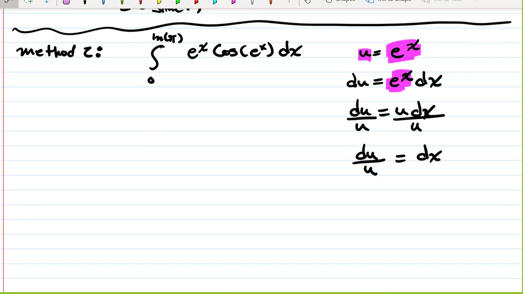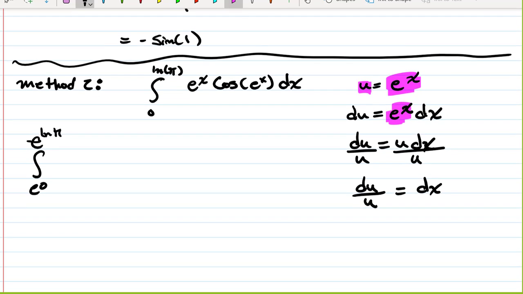So we substitute that out, and we do the same thing. So we would have e to the 0 and e to the ln of pi, and then e to the x would be u. So we would end up with u cosine u times our dx, which is du over u.